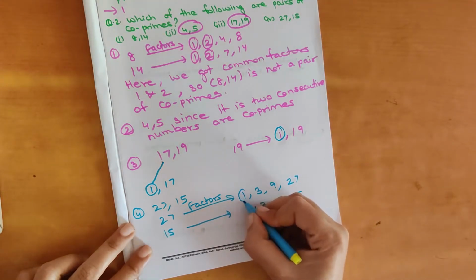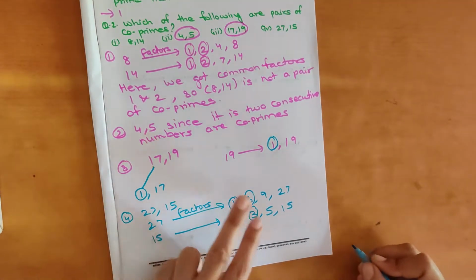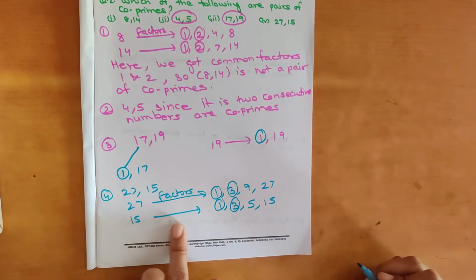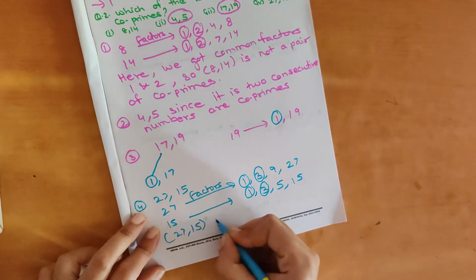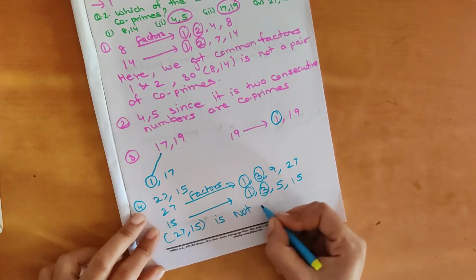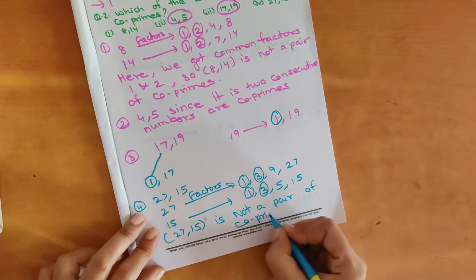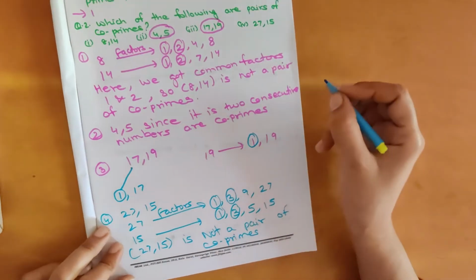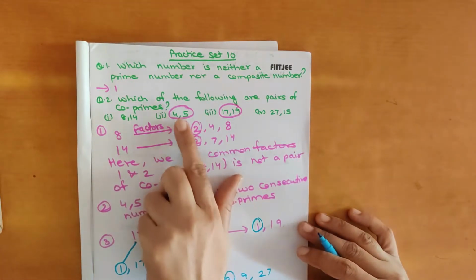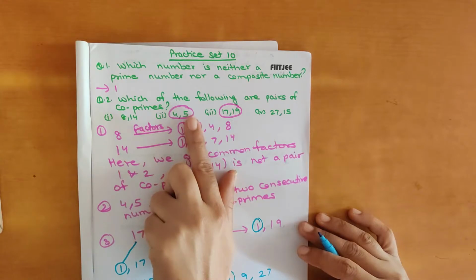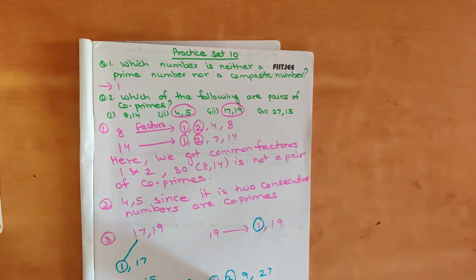So here you got common factor 1 as well as 3. You didn't get only 1. So 27, 15 is not a pair of co-primes. So here which pairs are co-primes? 4, 5 because they are consecutive numbers, and 17 and 19. These two are pairs of co-prime numbers.